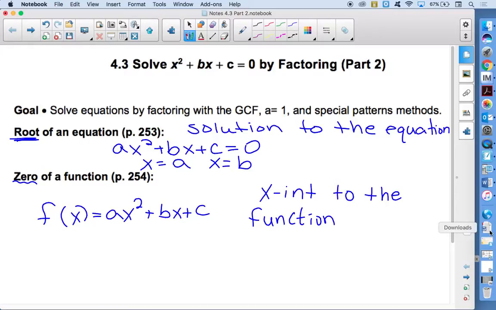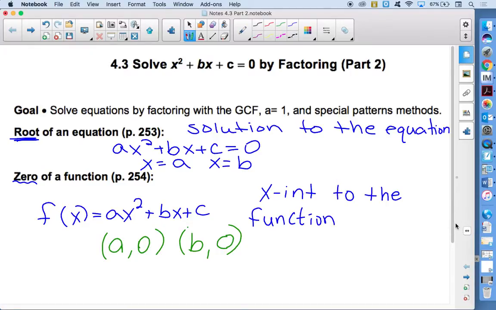A zero means you're finding an x-intercept of the function, and an x-intercept is written in the form a comma 0, or maybe b comma 0. It's called a zero of a function because the y value is 0. Essentially, you're making the value of the function 0 so that you can find the x-intercepts of the graph.